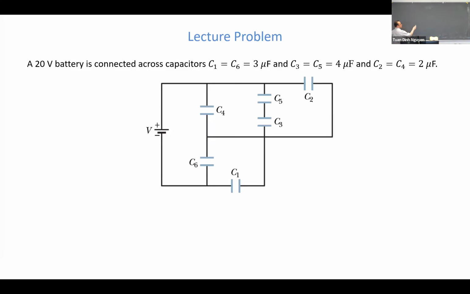I'll show you. I'm going to recopy it on the board first. So we have the battery. We have C4. C4 is the dangerous one.